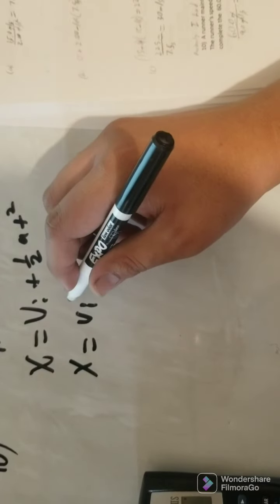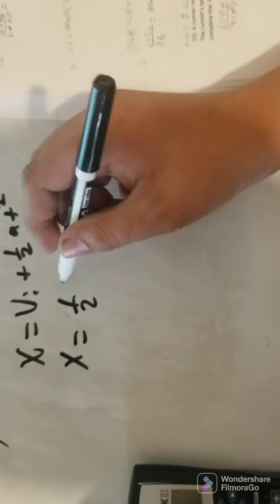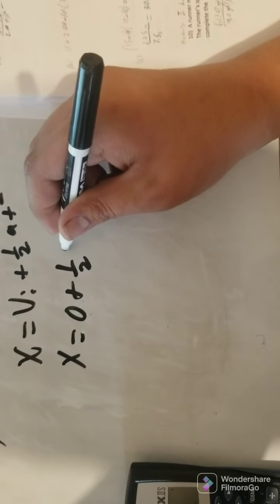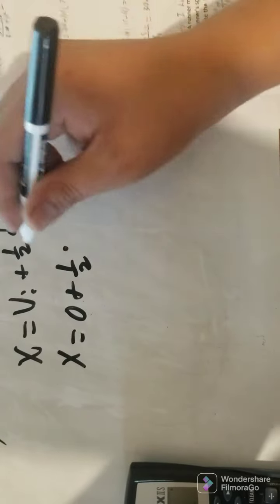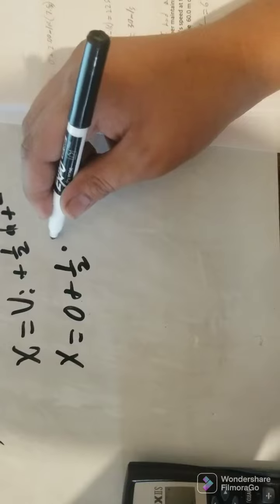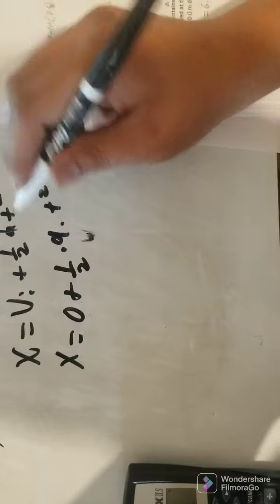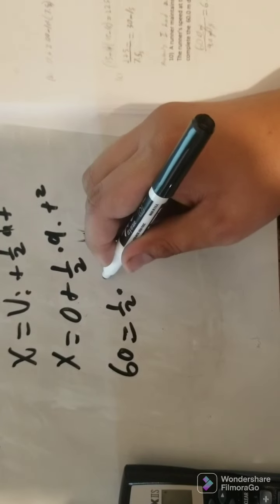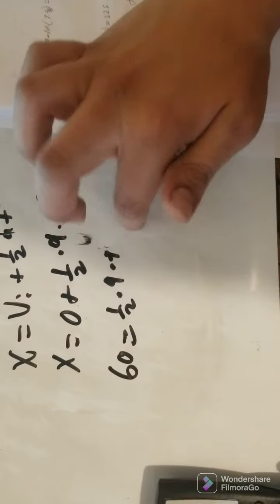So x is equal to 0 plus 1/2 times 9 times t squared, because VI is 0. That's 60 is equal to 1/2 times 9 times t squared. At this point, it's just t.